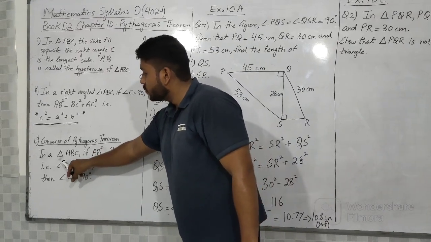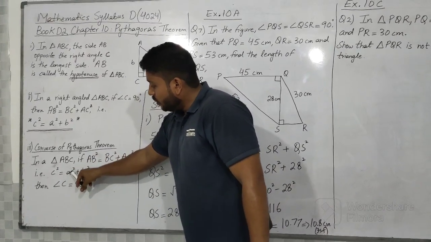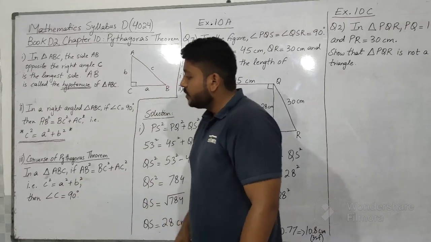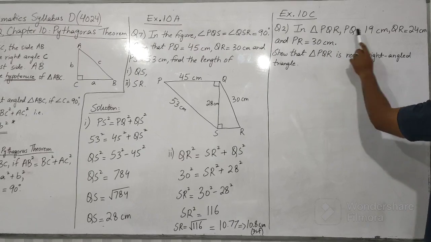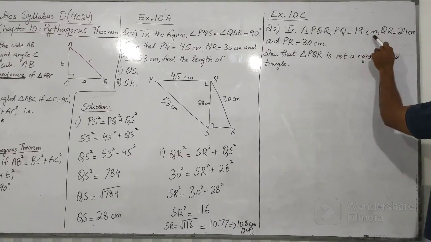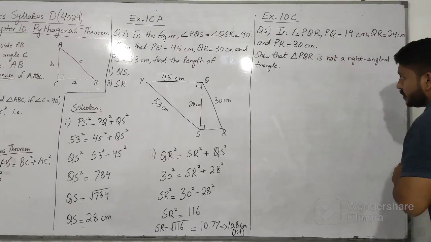So the hypotenuse square should be equal to the sum of the squares of the other two sides. Here, as you can observe, the longest side out of these three is 30 centimeters.